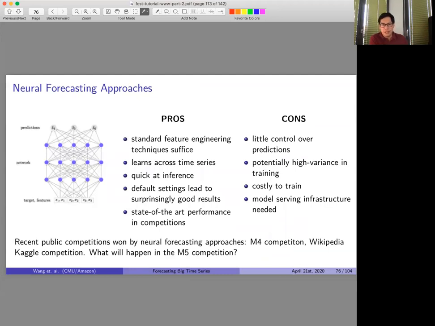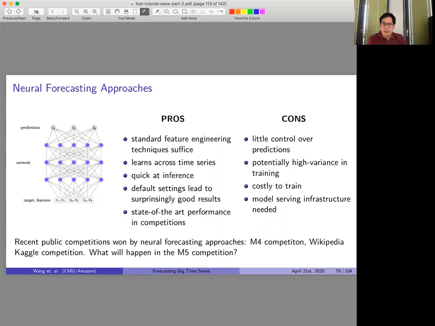Now, this was one example. The other example I want to give here is with neural forecasting approaches. So what do these systems look like? Well, we've got some advantages here: what you would typically need are very standard feature engineering techniques, that can make sure that the system is actually fairly well tuned.